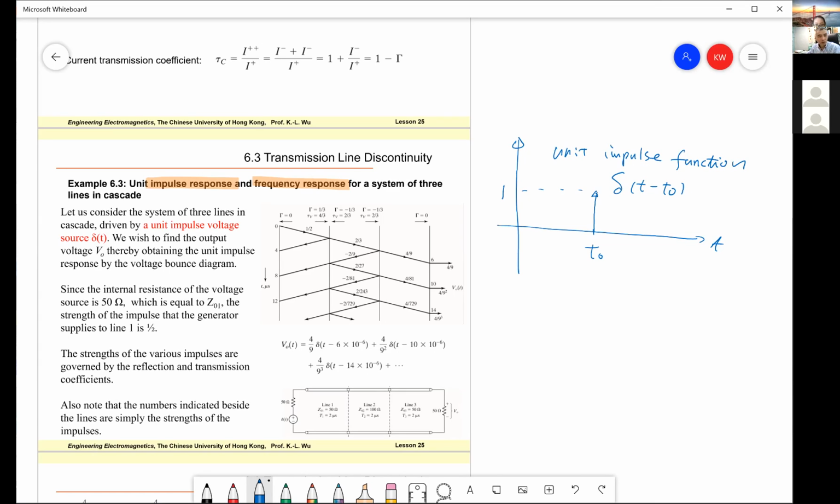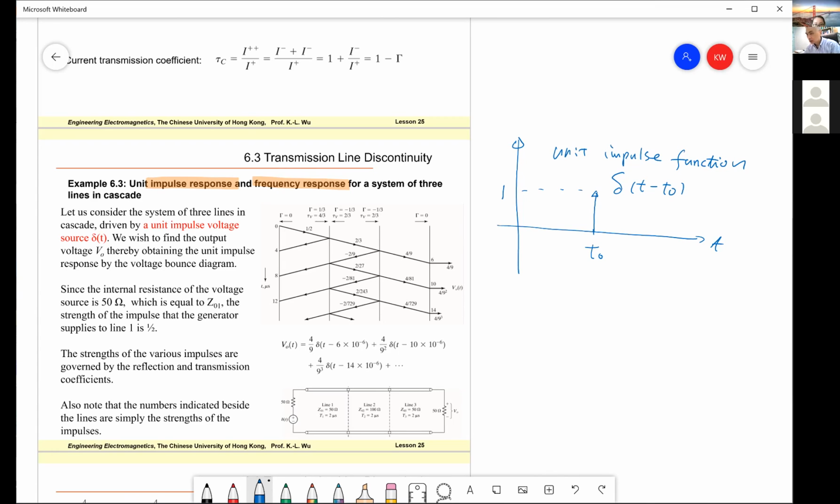I guess you have learned this in signals and systems. Anybody give me a response? Have you learned this? Delta function, impulse function. Okay, good. Thank you.